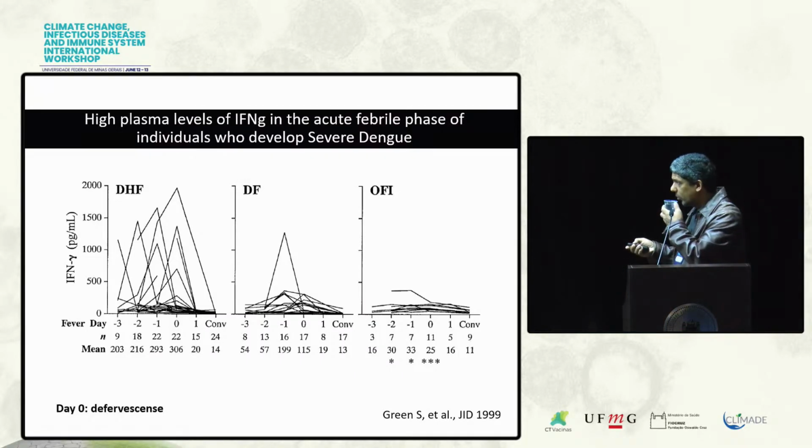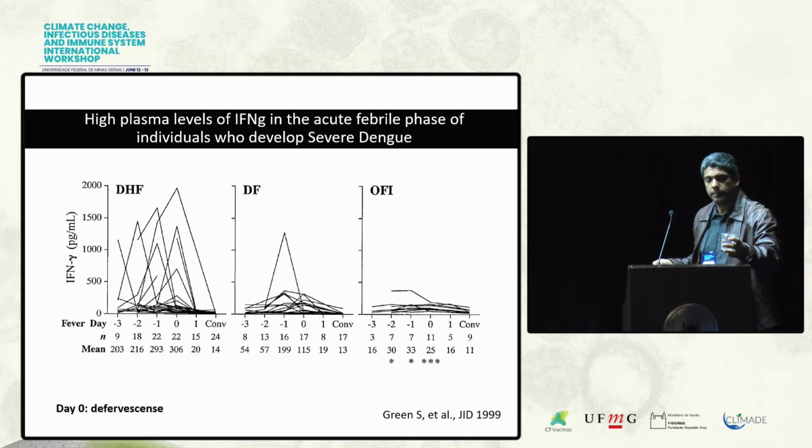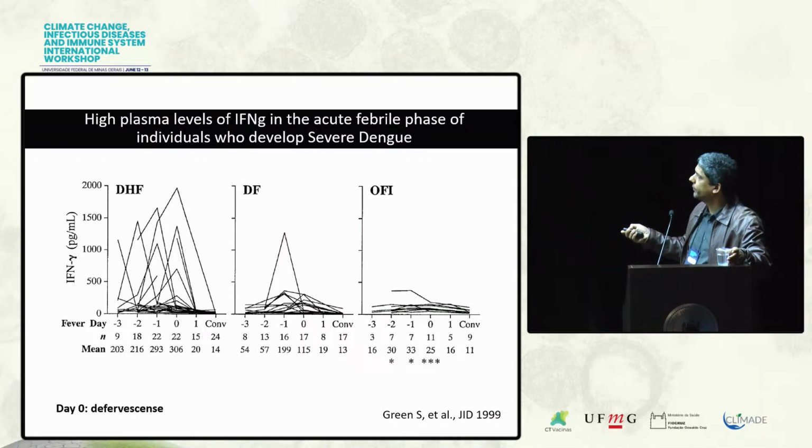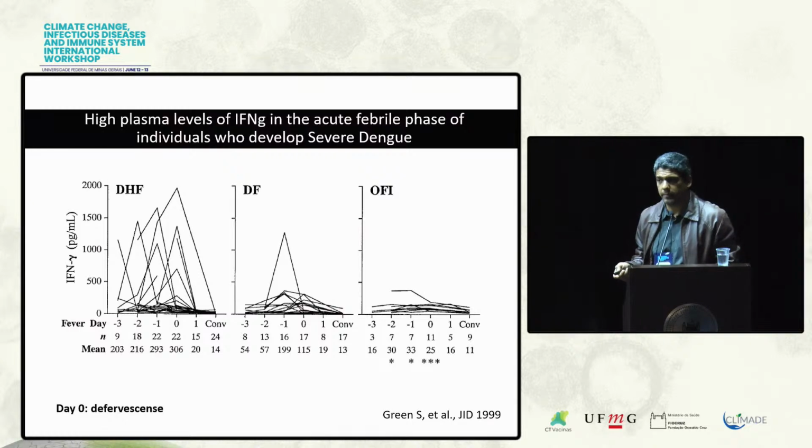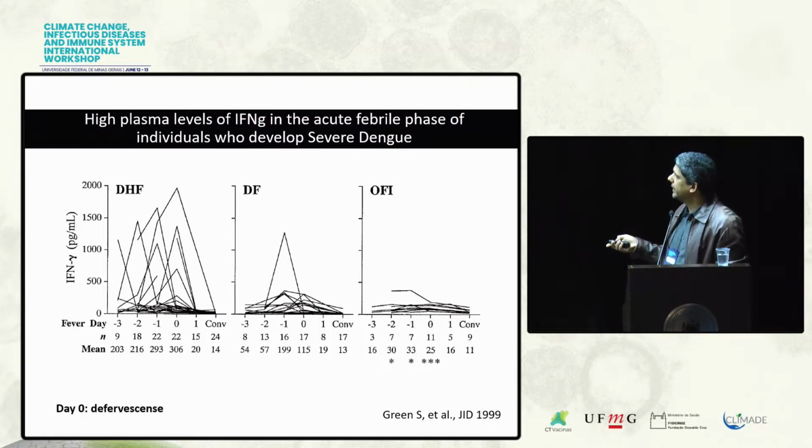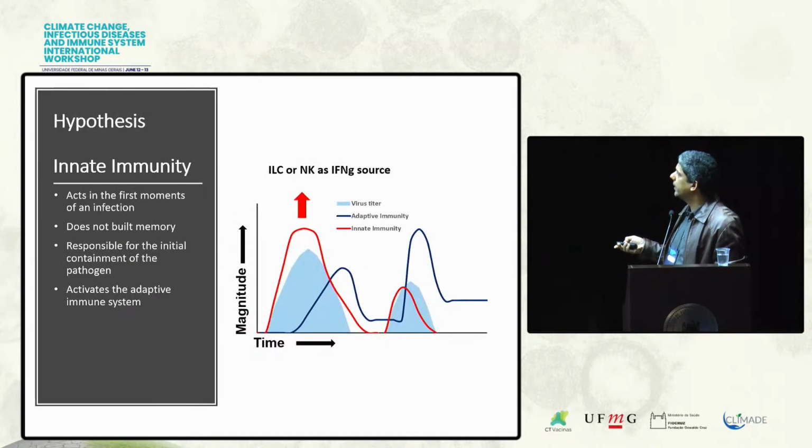But here, the data of Sharon Green shows higher levels of interferon gamma in the plasma. So we decided to check what was happening here.